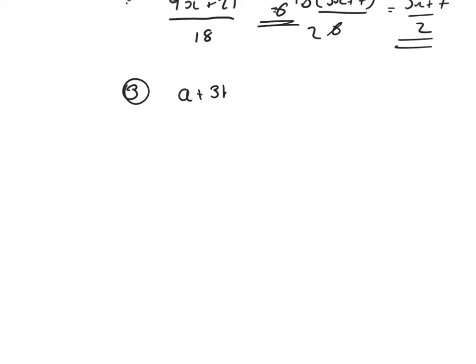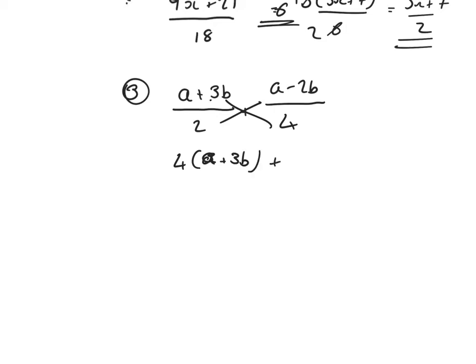Okay, let's try another. a plus 3b over 2 plus a minus 2b over 4. Okay, kiss and smile. a plus 3b times 4, so that's 4 lots of a plus 3b plus 2 lots of a minus 2b over 2 times 4 is 8.